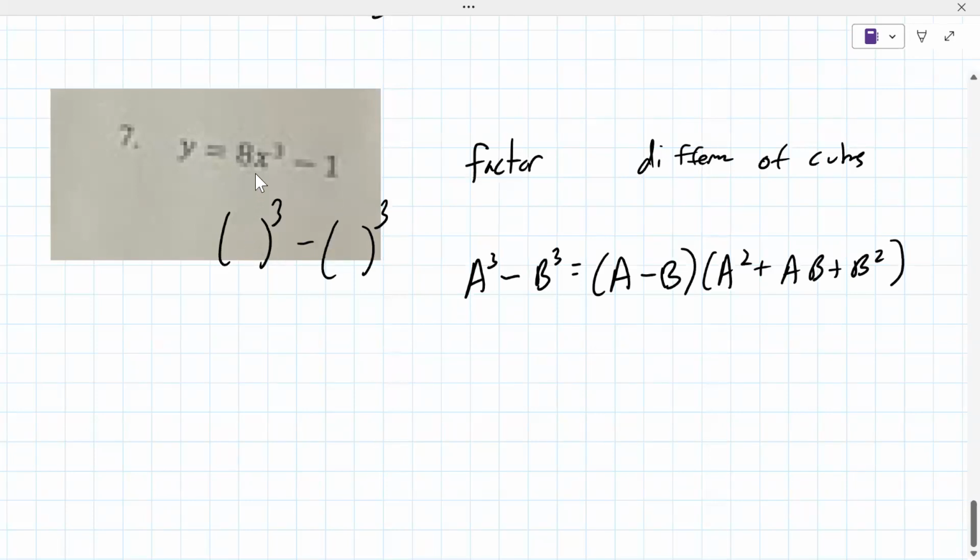Like what do you cube to get back to 8? Think about it. 2. 2, and then to get to x cubed is x. How about to get back to 1? What do you cube to get 1? 1. So your a is really 2x, and your b is really 1.